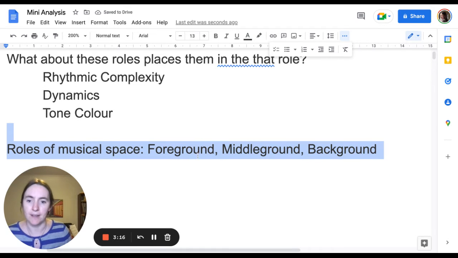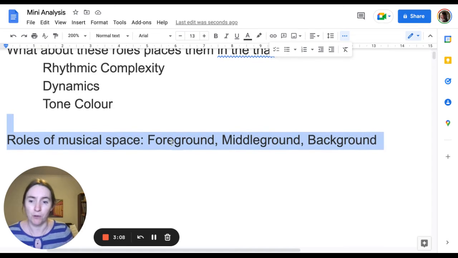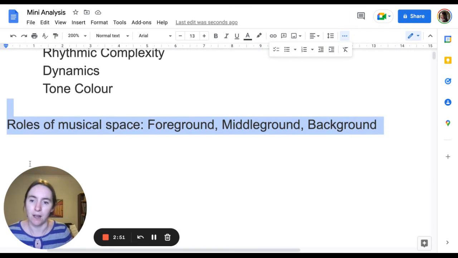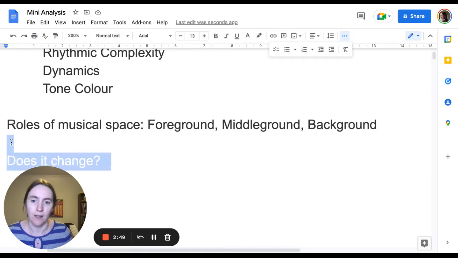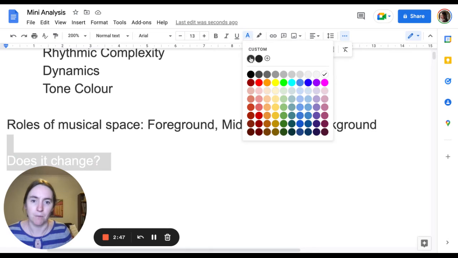The other thing about these things is sometimes this changes. So something that's playing in the foreground may be shifted further to the background. The other thing that's really important when you're talking about balance is that you use the word balance in your answer. So if it asks about balance, use the word and say something like brings the instrument further forward in the balance. So using that word balance in your answer will help strengthen it and make it sound clearer too.